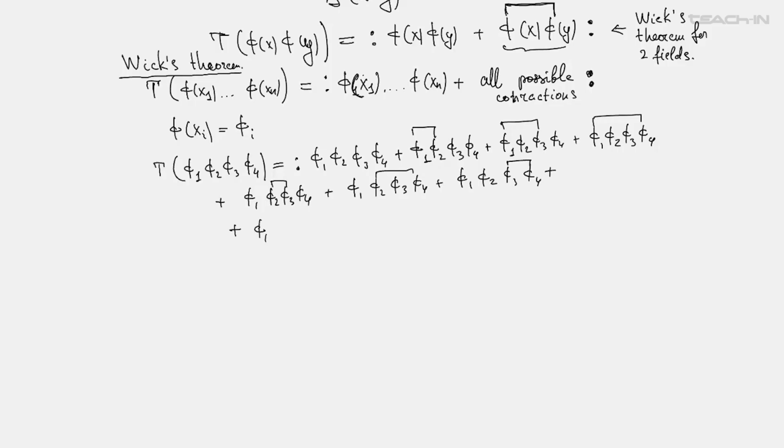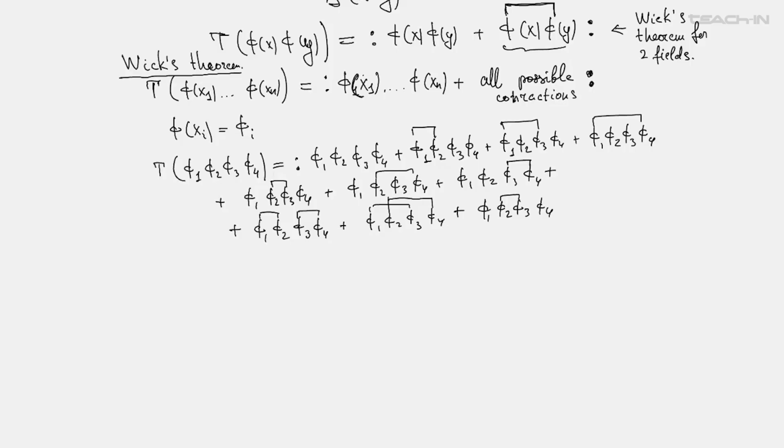So contraction between 1 and 2 together with 3 and 4. There could be a contraction of 1 with 3 and 2 with 4. And finally, there could be a contraction of 2 with 3 and 1 with 4. That's it.